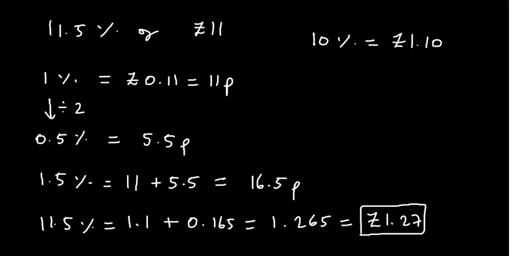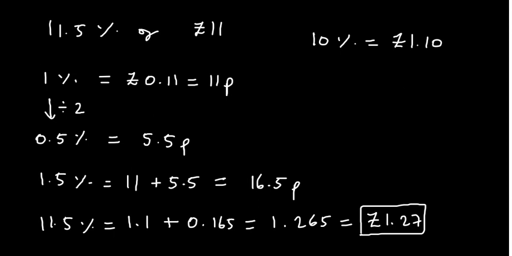So this approach involves breaking down the composite percentage, if you will, into simpler percentages that can be worked out using basic fractions. So 1% is dividing by 100, for example, 10% is dividing by 10, and 0.5% you just get from 1% by halving that.